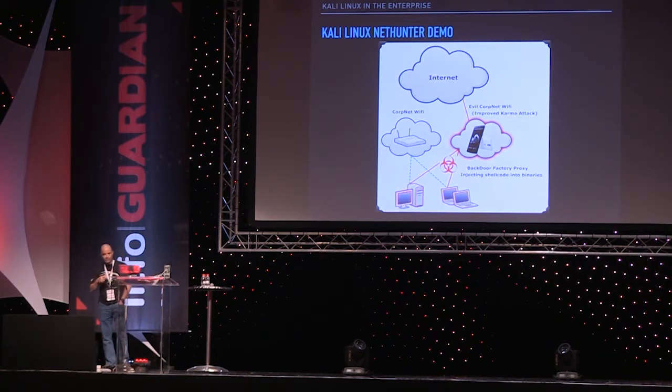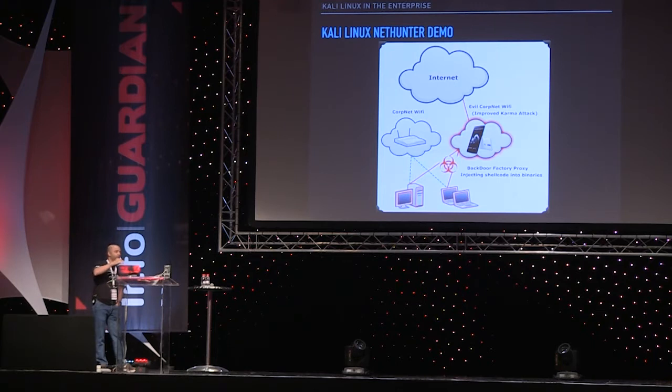Before I actually show the video demo, I just want to frame this a bit and give you a sort of general understanding of what we're doing. So again, the premise of this demo was an on-site engagement where an unidentified stealthy attacker gains access to the internal wireless network of a corporate environment.